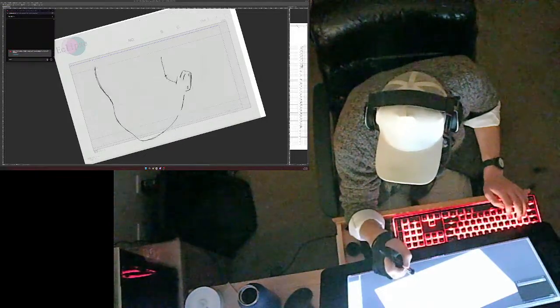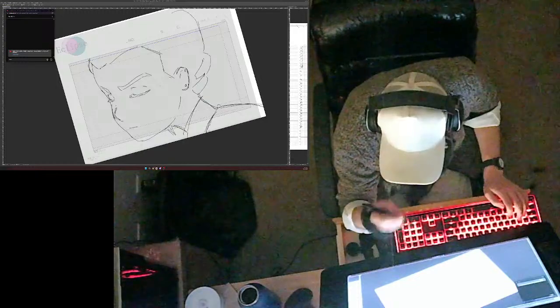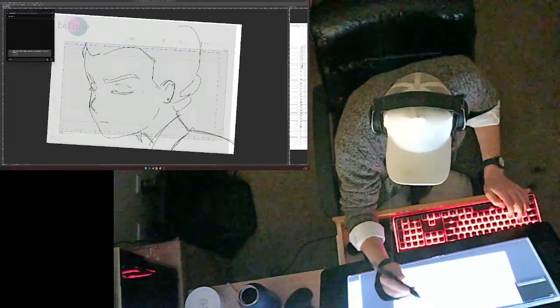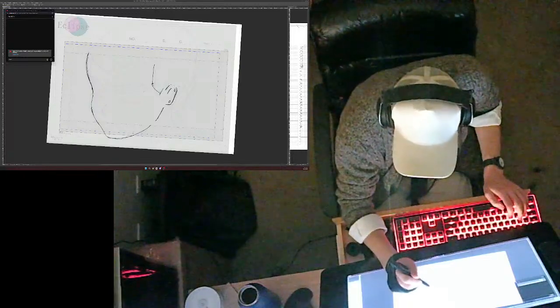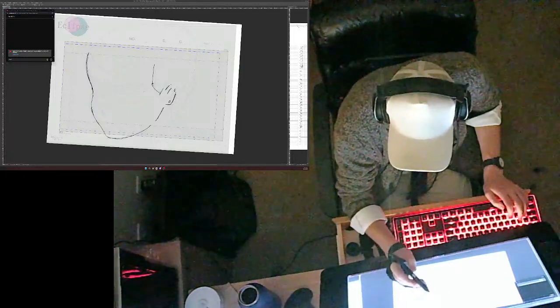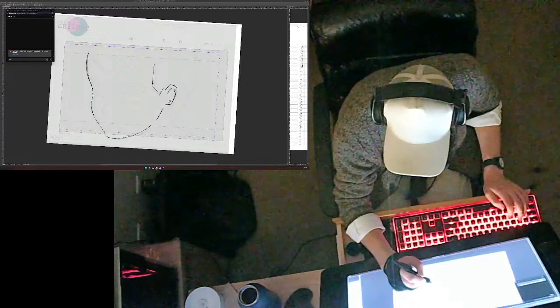Like, for example, this. The ear is going all over the place. I think that's actually a problem throughout the whole animation, and I'm probably going to have to go back through and fix it in most areas.